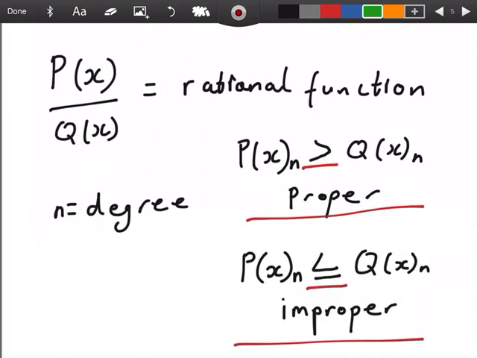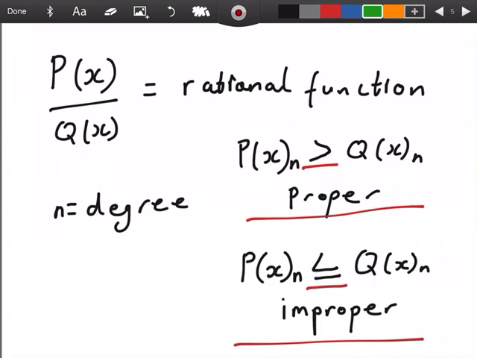Now let's have a little talk about rational functions. Bit of a fancy wording there. So p(x) over q(x), where p(x) is a function as well as q(x).